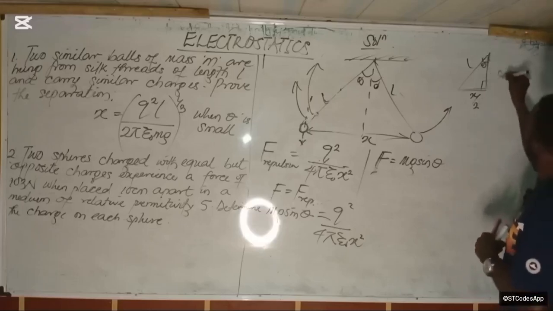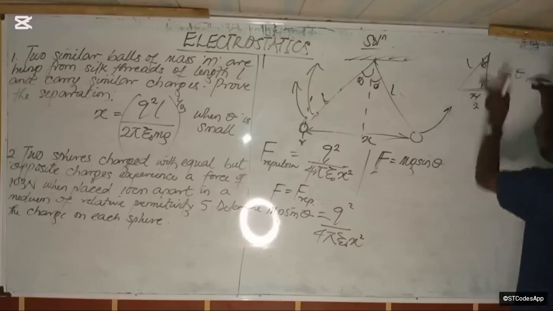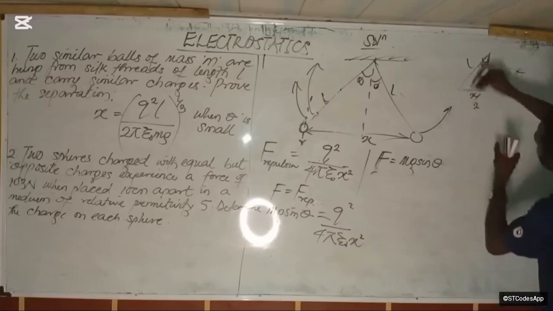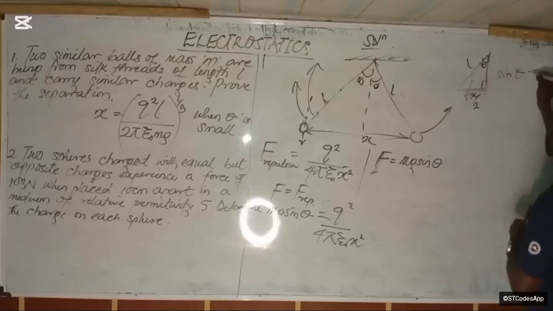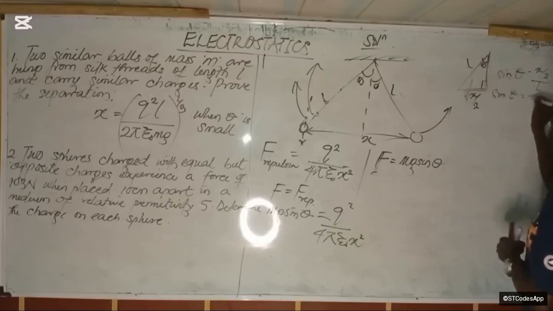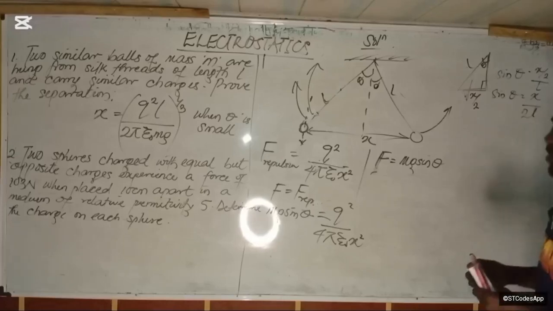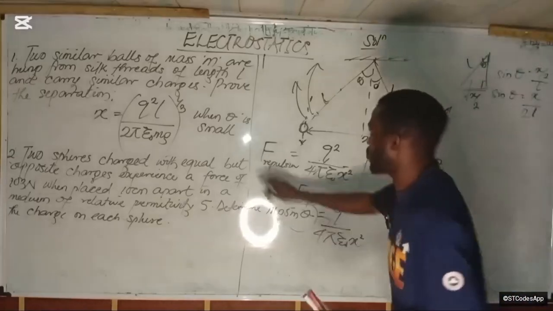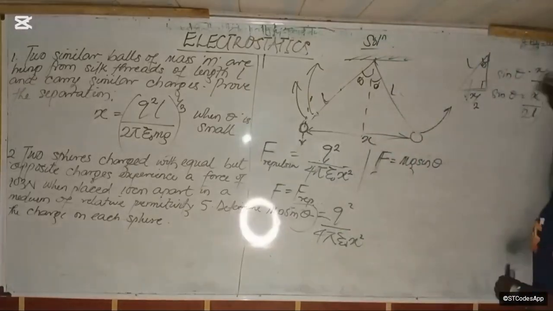If that be the case, then sine theta is opposite over hypotenuse, which is equal to x over 2 over L. So sine theta will be equal to x over 2L. I hope this makes sense. So our sine theta, which is said to be very small here, is x over 2L.